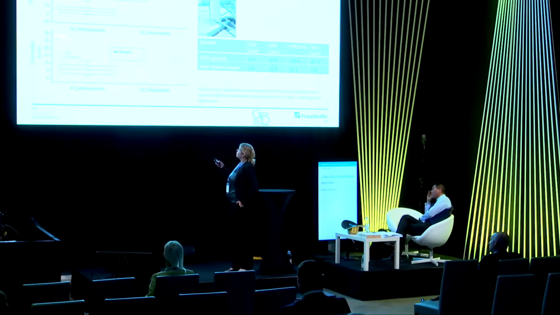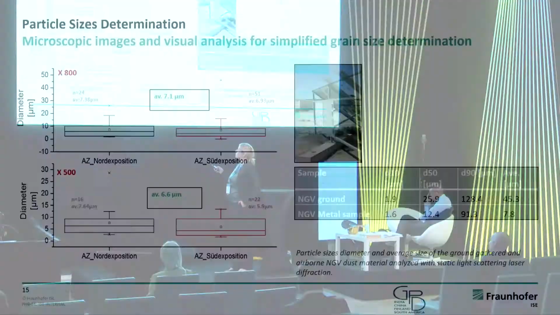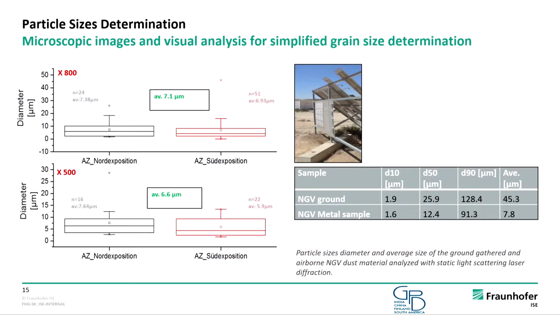Here you can see we did it with 800-fold and 500-fold magnification. We have quite a lot of samples, and we have an average size of 7 micron and approximately also 7 or 6.6 micron, which goes really well with our laser diffraction measurement.